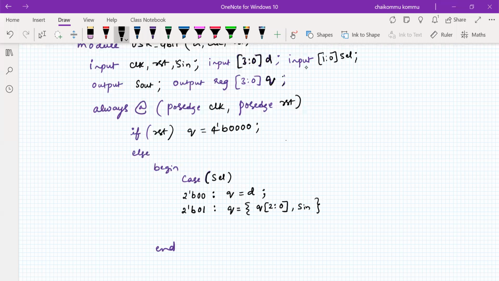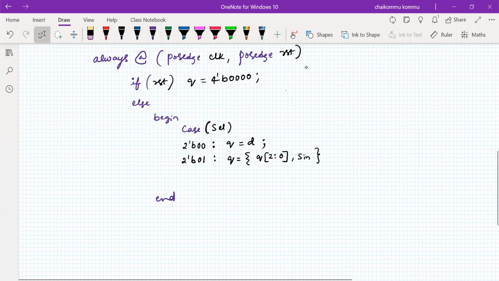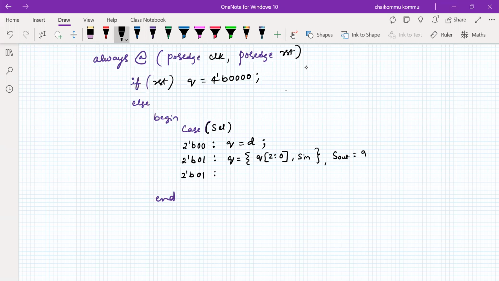2 bits of 0, 1. Of course, here also we can write the information related to S out, right? So we put a comma. S out is equal to Q of 3. So this is how I can write.